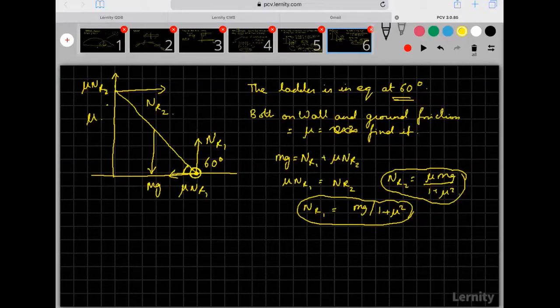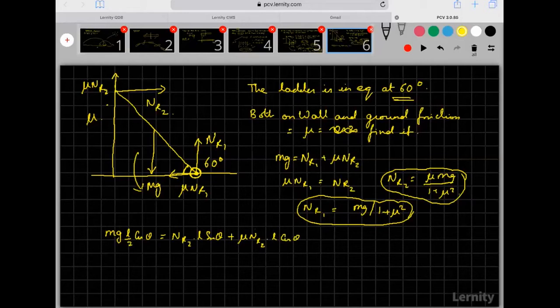So it will become mg L by 2 cos theta, because that is going to rotate it in the anti-clockwise manner. So that should become equal to NR2 into L into sine theta plus mu into NR2 into the distance L cos theta.